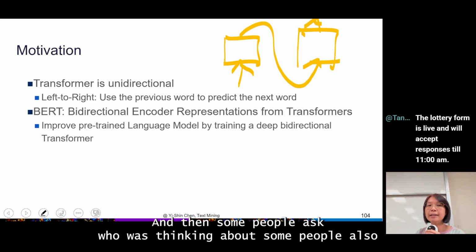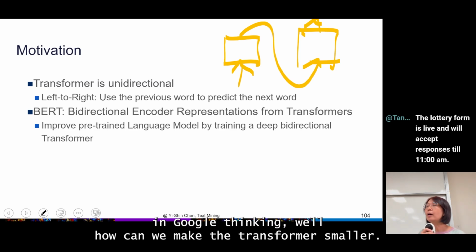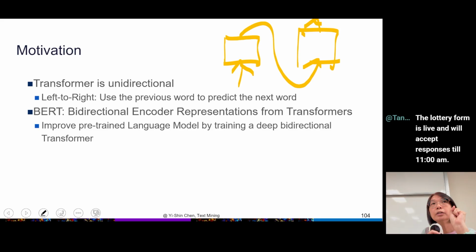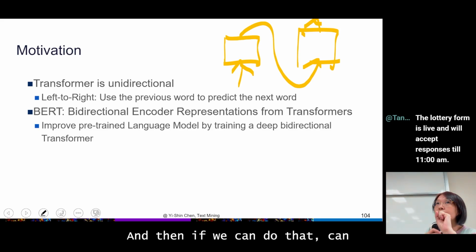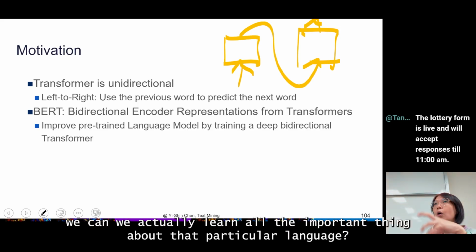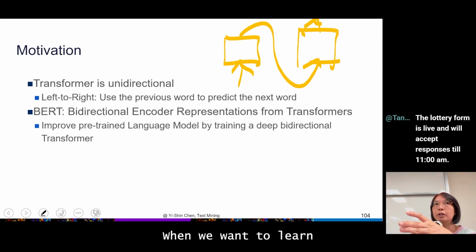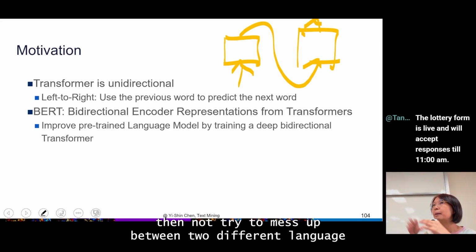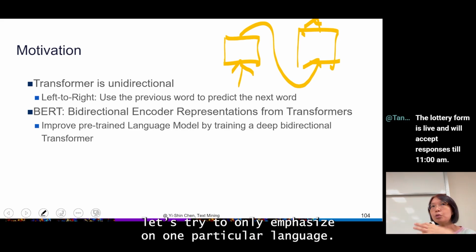Okay, and then some people at Google were thinking, can we make the transformer smaller? And if we can do that, can we learn all the important things about the particular language we want to learn, without mixing up two different languages? They tried to emphasize only one particular language.